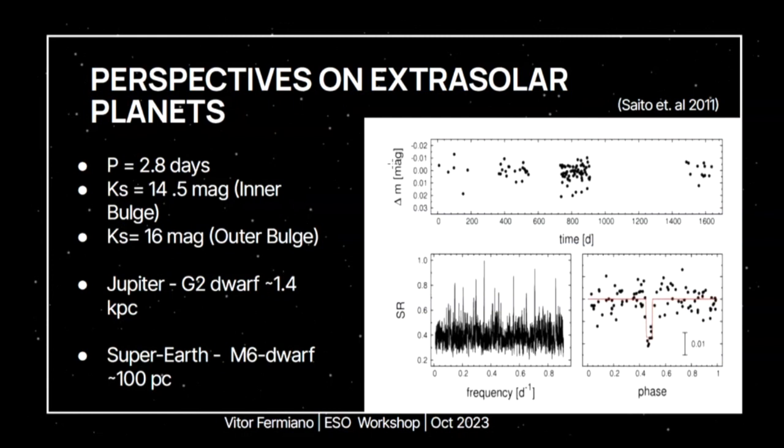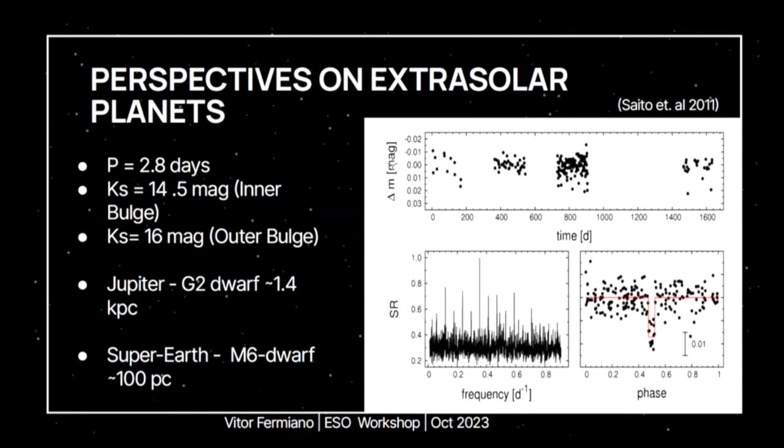This is the first simulation, because in VVV you have overlapping tiles. So this was the original idea from VVV, with 8-9 data points. Now we have much more cadence with VVVX, and we can go to 300 points in the inner bulge. And this is the overlap light curve, and you can see the trend here. So this was the start of the perspectives.